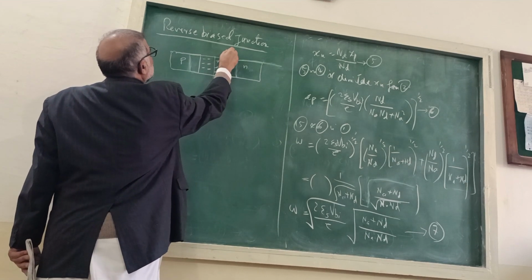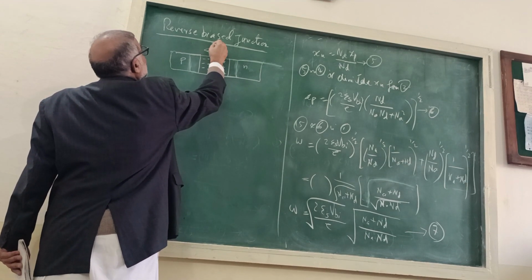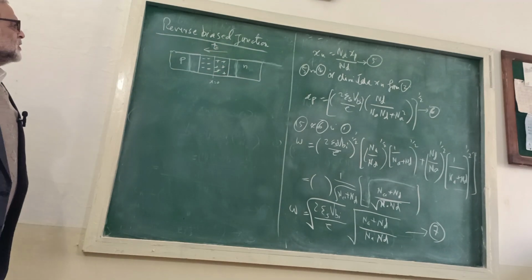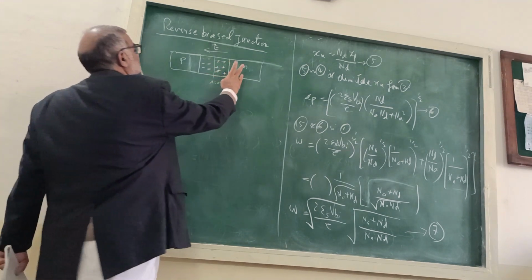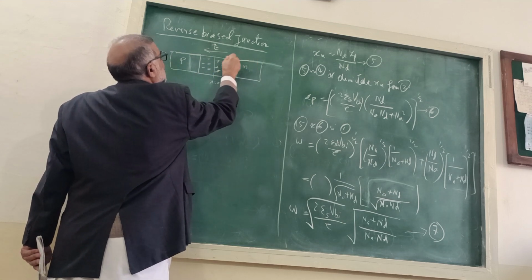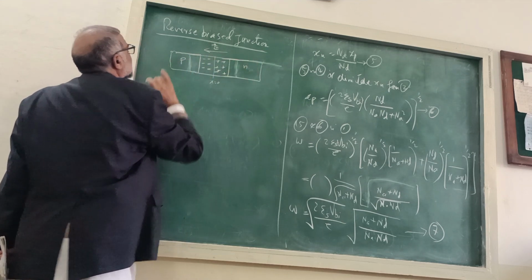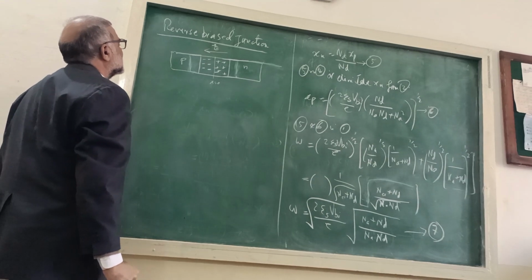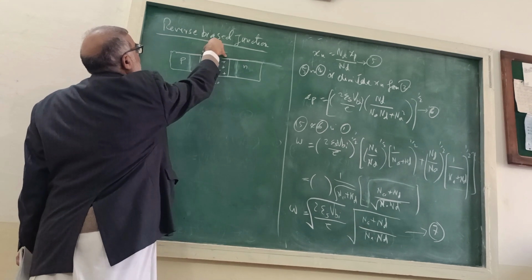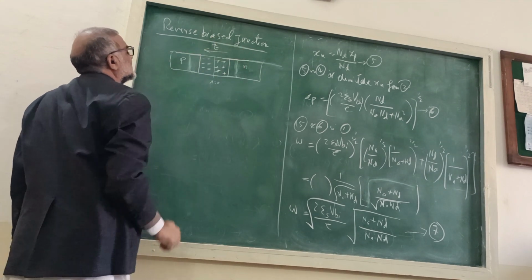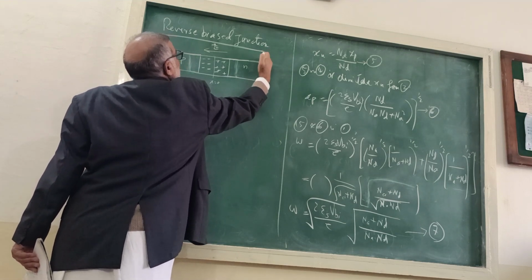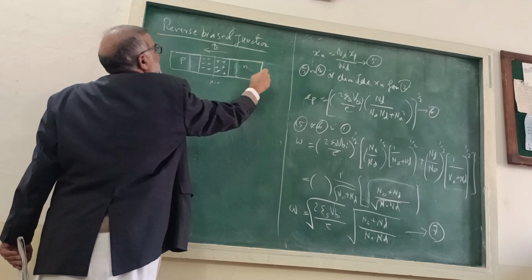Now, the electric field is in this direction. Inside the junction, the electric field is in this direction. For the N or for the P region, which direction is the electric field?